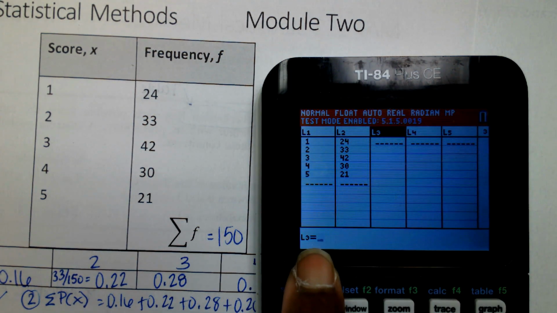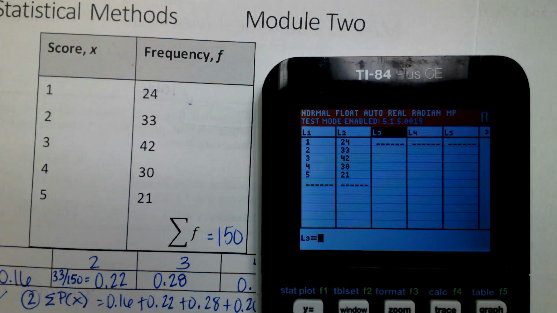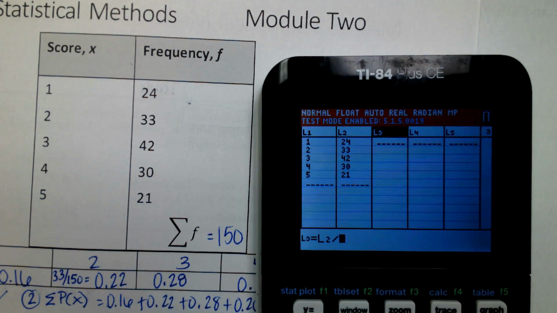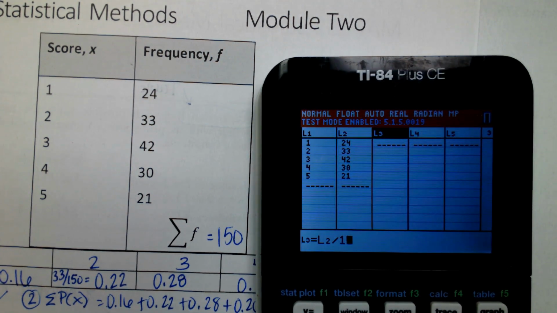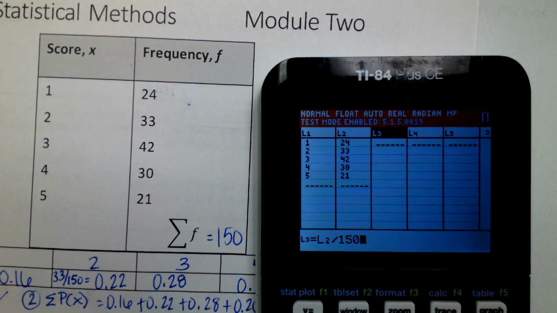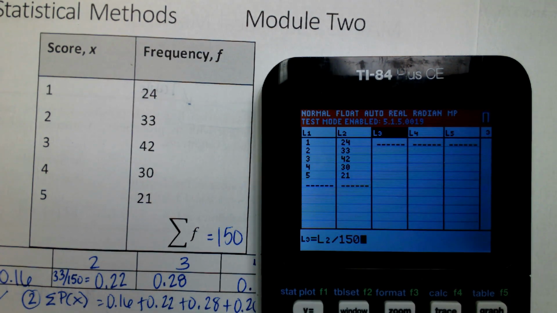So I want to do L2 divided by 150. L2, so second, number 2, divided by my total frequency. If you go back and watch it again, pause it, move that little thing.